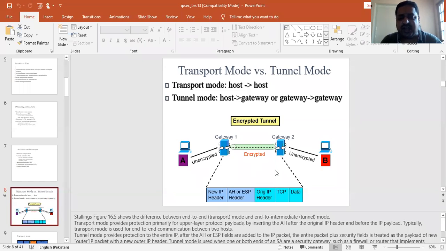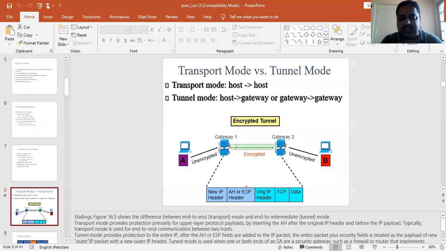And as you can see in this figure as well, the data is sent in encrypted form from one device to another device using a mode called the host tunnel mode, or the transport mode. So it contains a header about this.